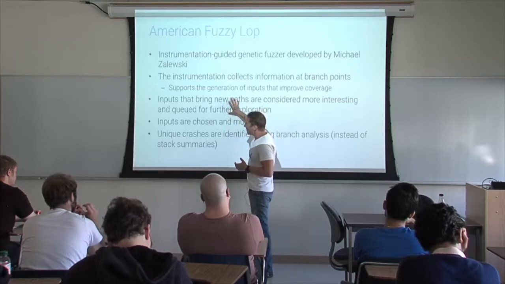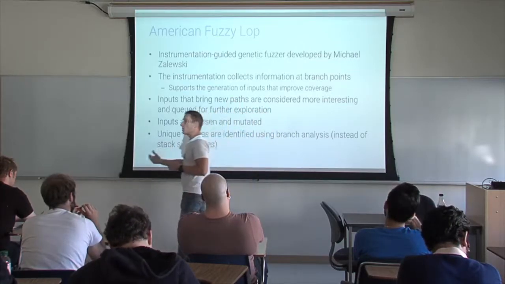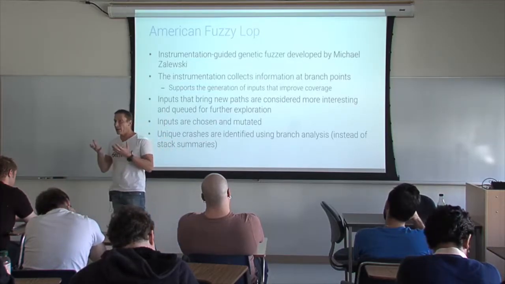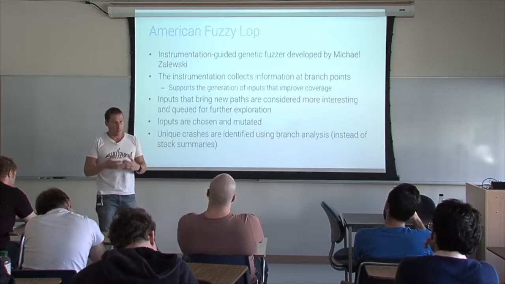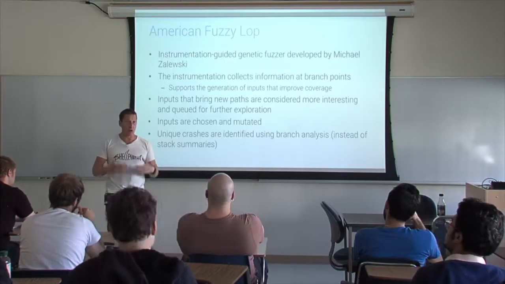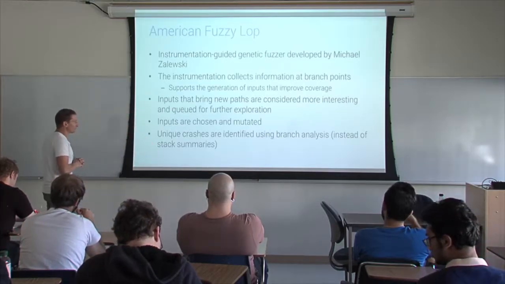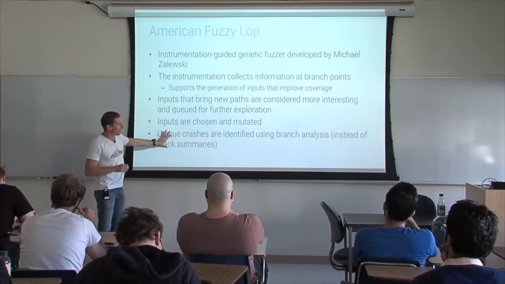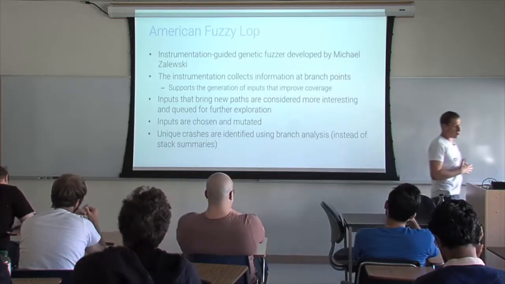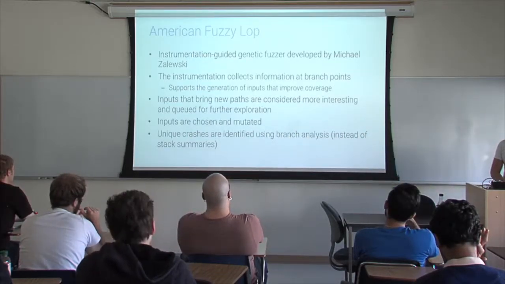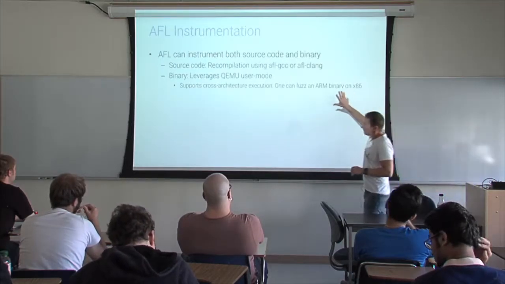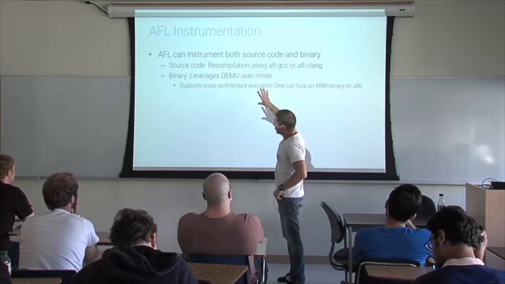And the inputs that create new transitions, new paths of execution in your program, are elevated and made better candidates for mutation and the generation of new inputs to the program. And instead of identifying crashes using just the stack, they are identified using branch analysis, which is a better way to identify a crash. So AFL can operate on source code and binary.